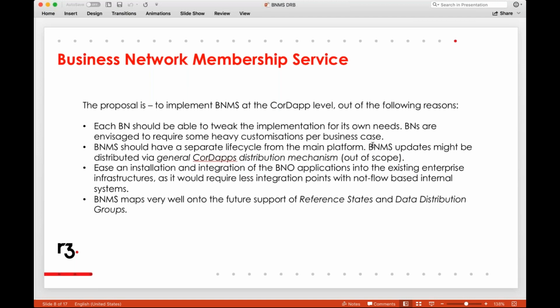This means once someone installs a Corda node, it's really easy to install new applications onto it without having to certify any other technologies. For example, if you were to choose to serve the memberships via some HTTP web server or something. And also the proposed architecture of the membership service maps very well into the future support of reference states and data distribution groups. I will talk about this a bit later.